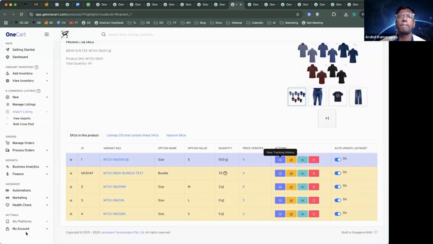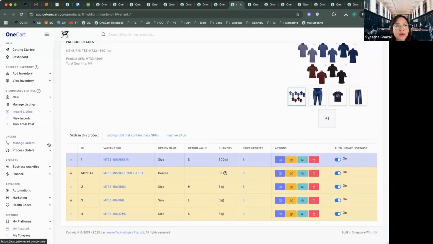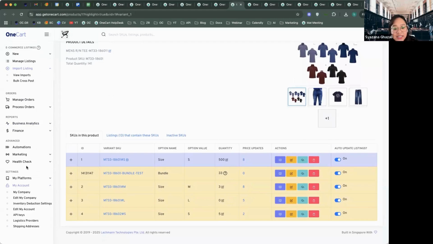Usually, our other accounts who are using ERP or WMS and have their own other software, what we do is OneCart has its own API. If you go under My Account, API Keys, OneCart has our own API here.